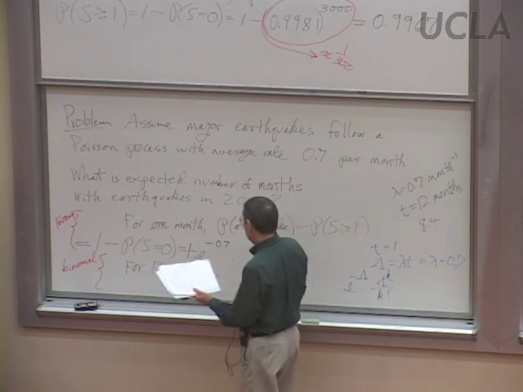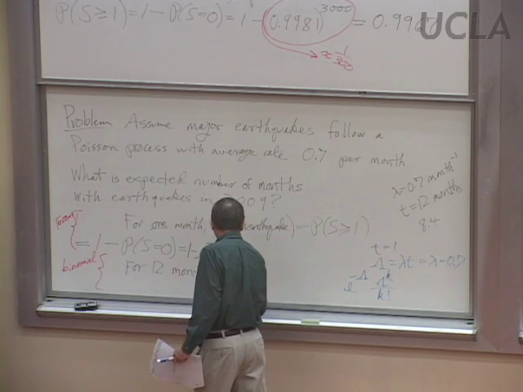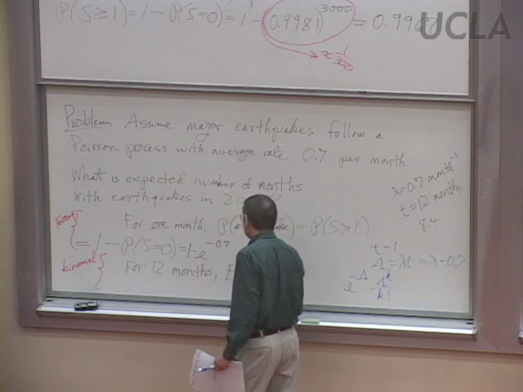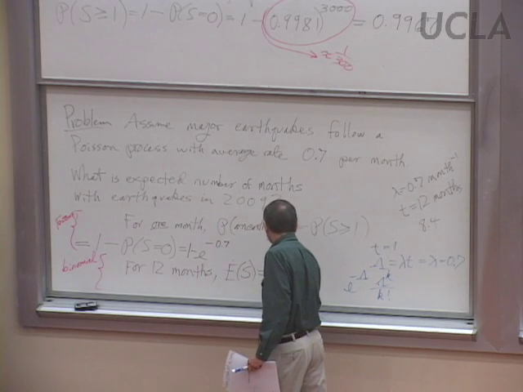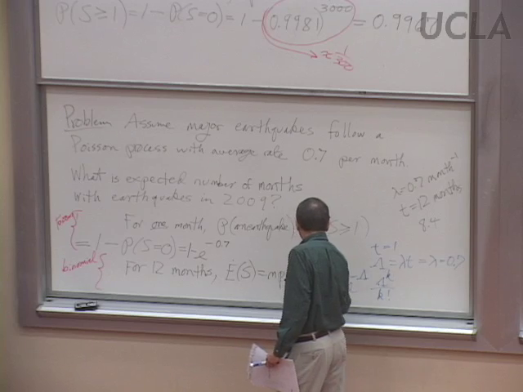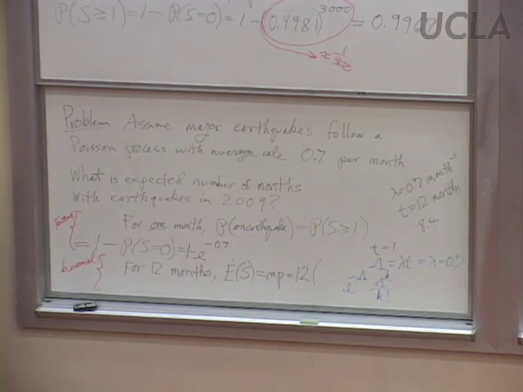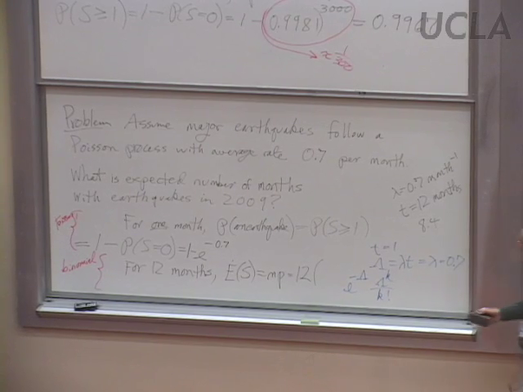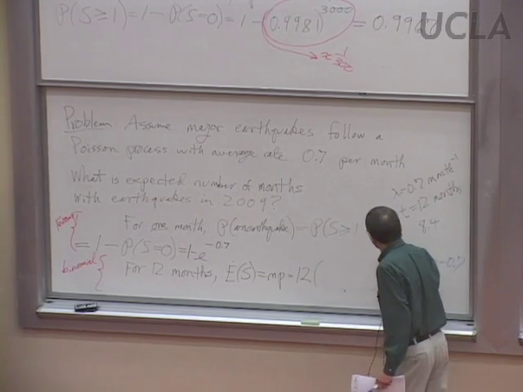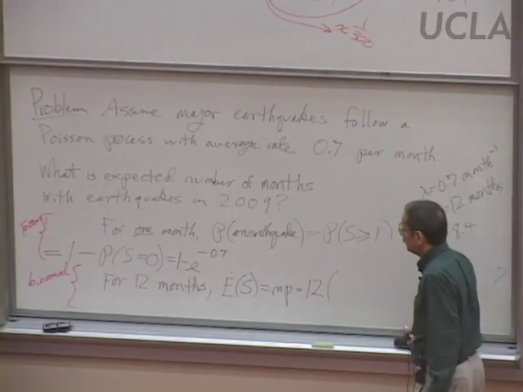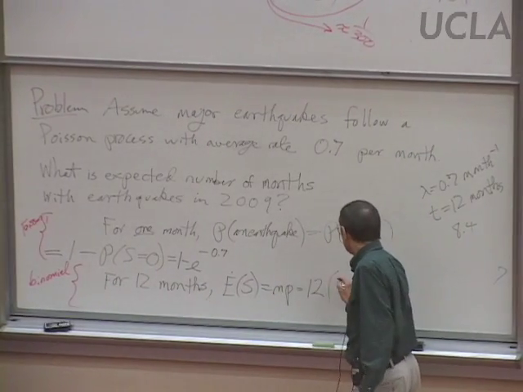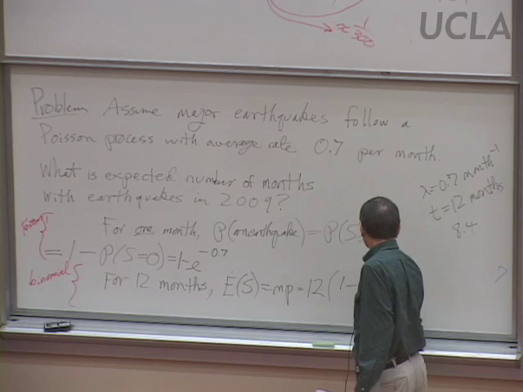So the expected number of successes in 12 months is 12 times the success probability for a month, 1 minus e to the minus 0.7.